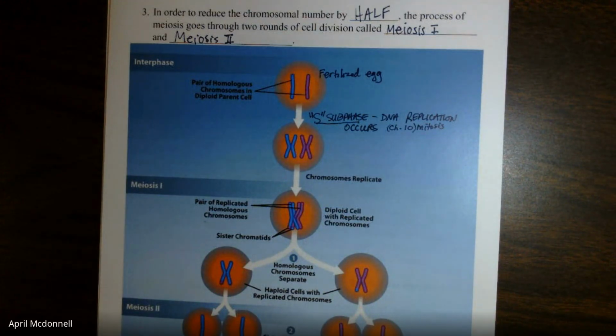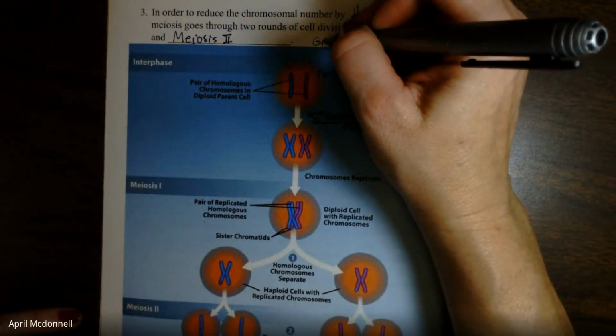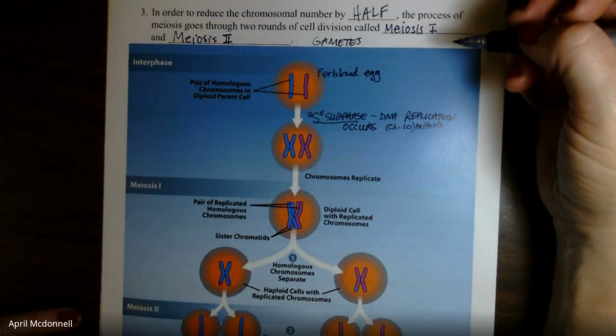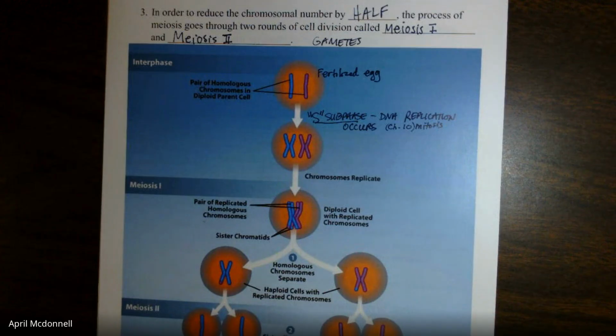Those are produced by mitosis. The only type of cells produced at the end of meiosis are gametes. That's the whole goal of meiosis, to make sperm and egg cells. So it's a very specialized type of cell division process in order to make sperm and egg cells.